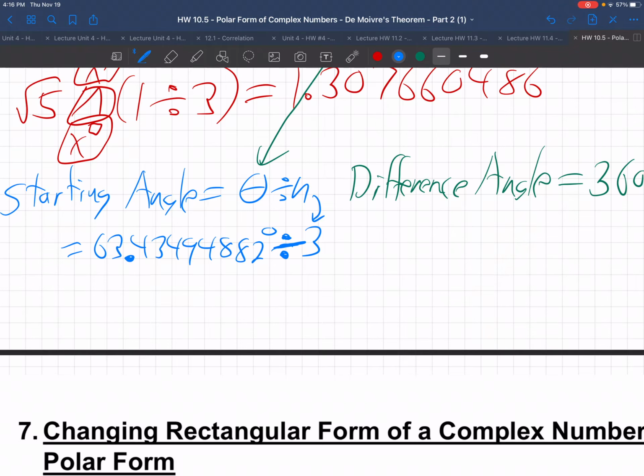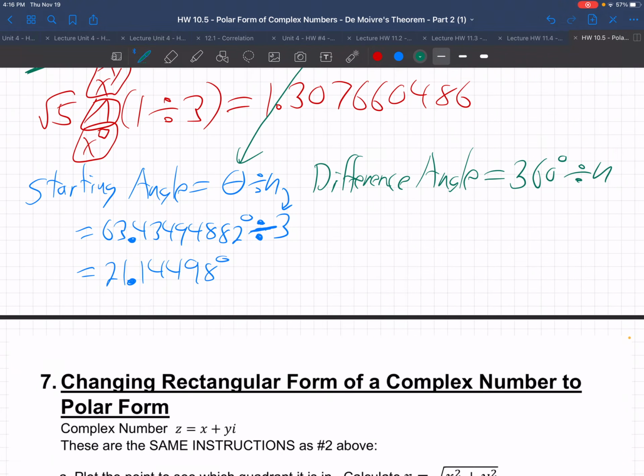So 63.43494882 divided by 3. So I'm getting a starting angle of 21.14498 degrees. And then the difference angle is 360 divided by n.